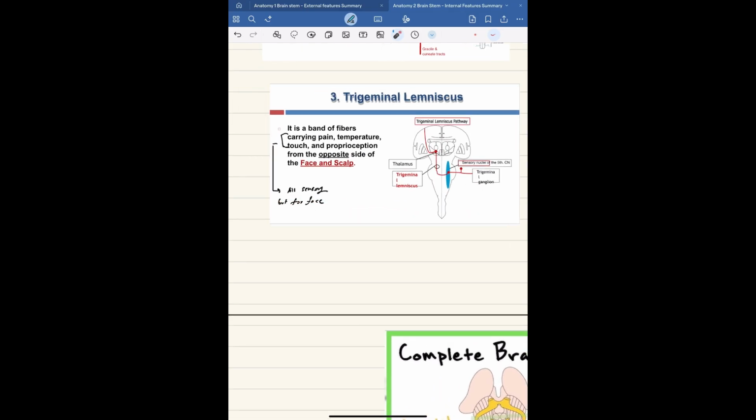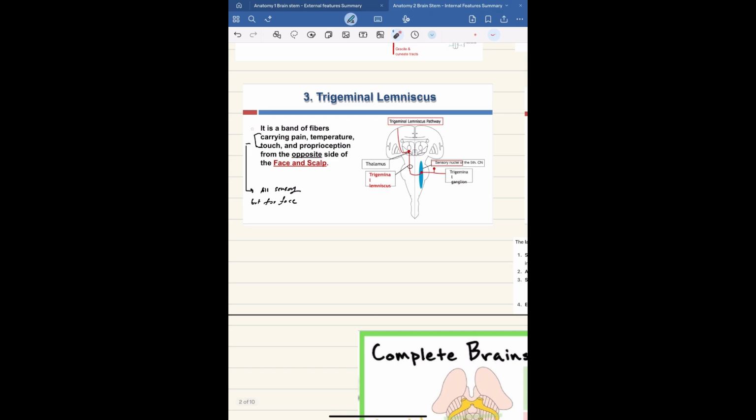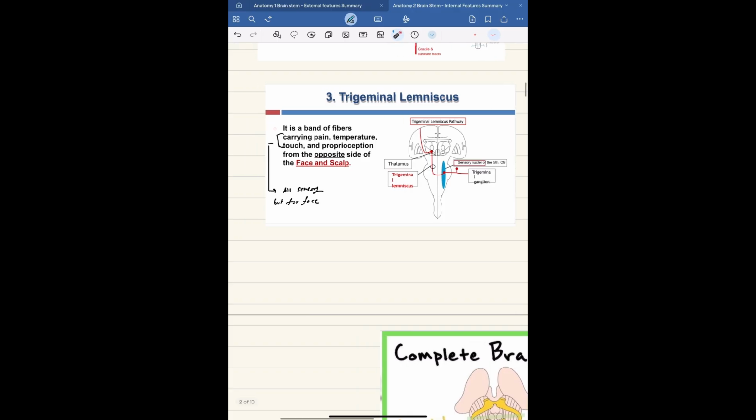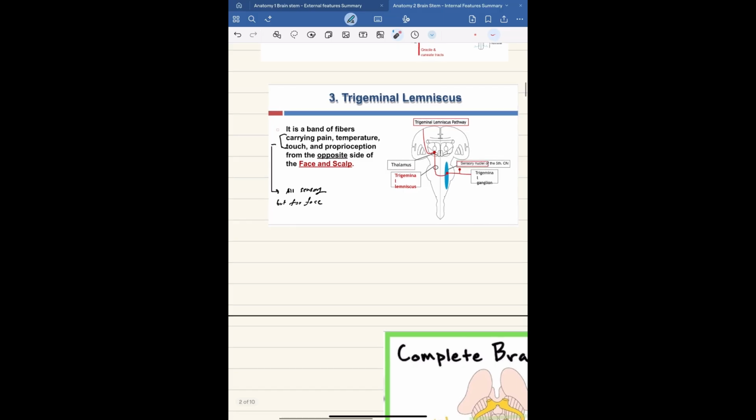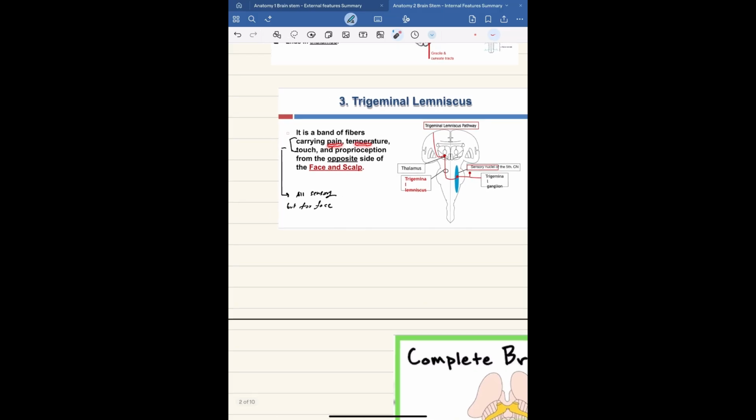The trigeminal lemniscus, how I think about it, holds all of the sensory sensations, but for the face. So it is the band of fibers carrying pain, temperature, touch, proprioception contralaterally, so the opposite side, for the face and scalp.